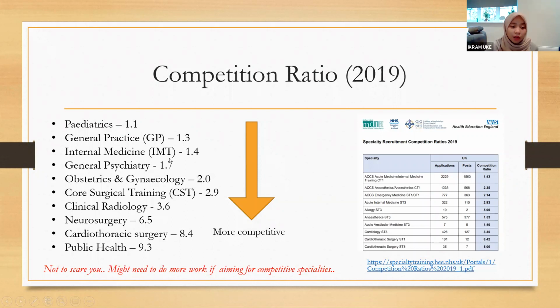And you have other specialties which are more competitive and others which are less. I'm telling you this not to scare you if you're into competitive specialties, but I'm just highlighting this so that you are aware that you might need to do more and earlier work if you're aiming for specialties which are more competitive than others.